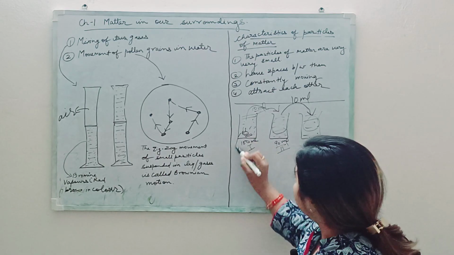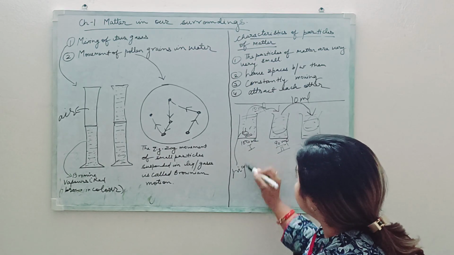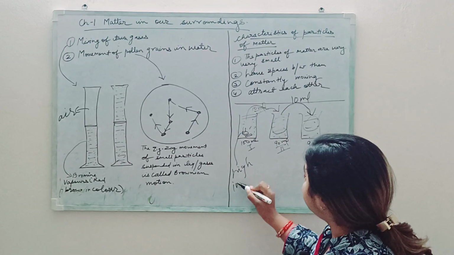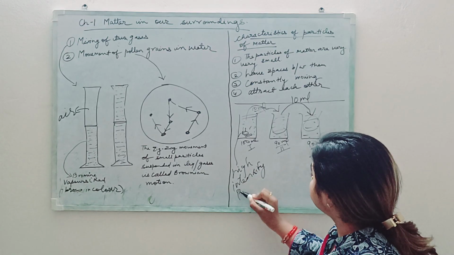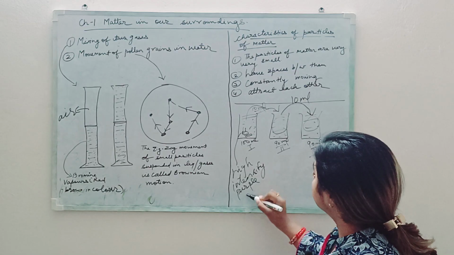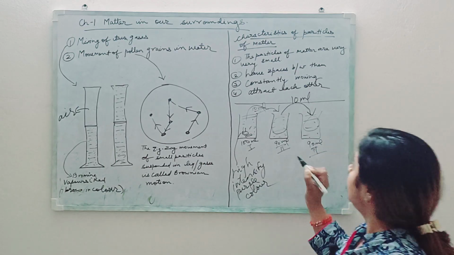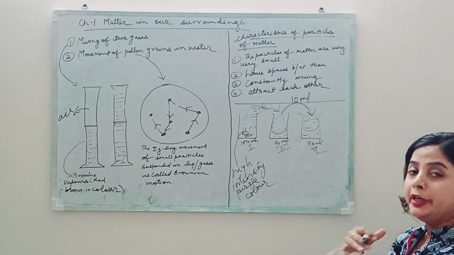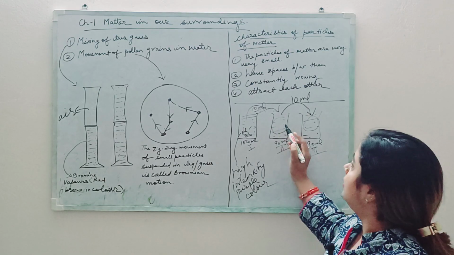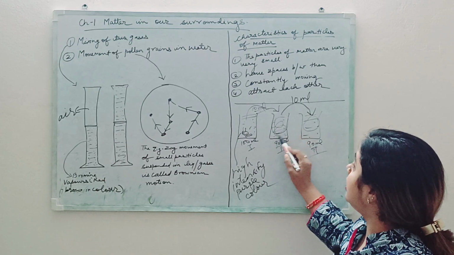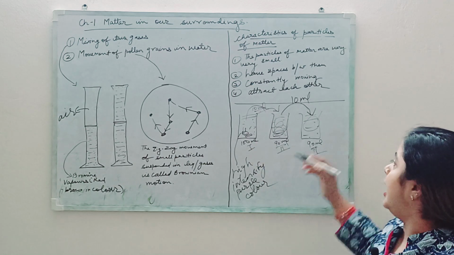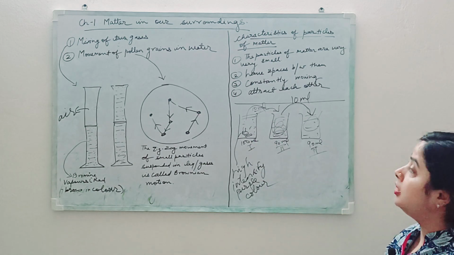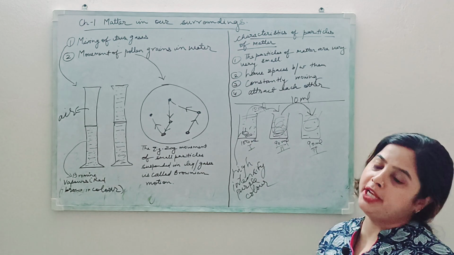The first beaker will have a high intensity purple color. The second beaker will be a little bit lighter than the first beaker, and the third beaker will be the least purple in color.